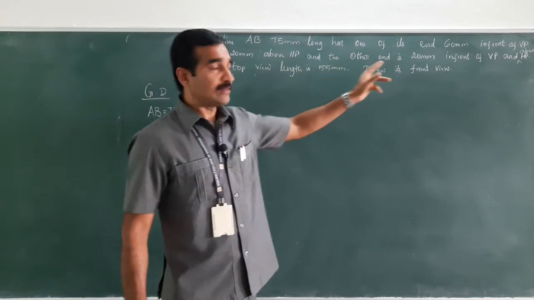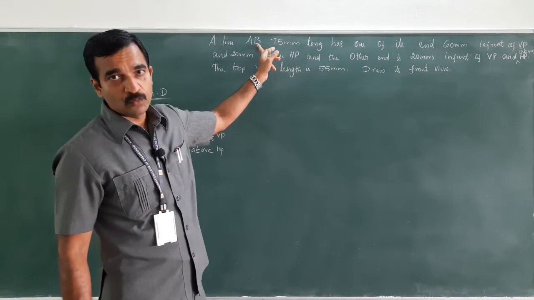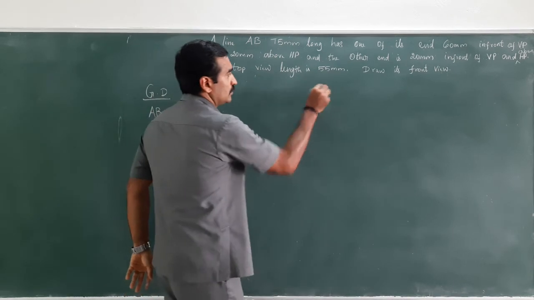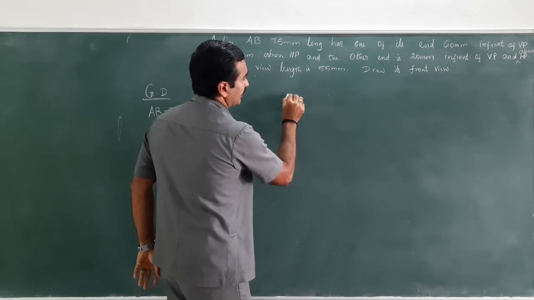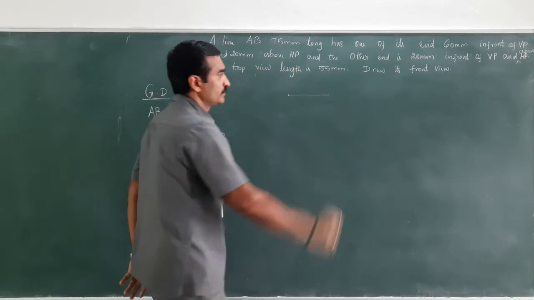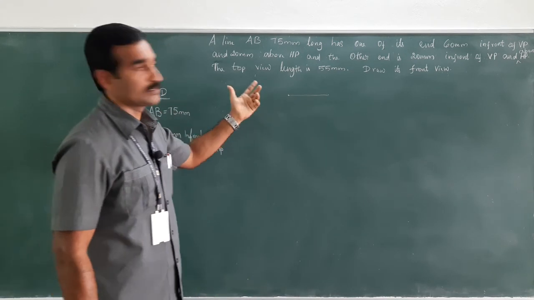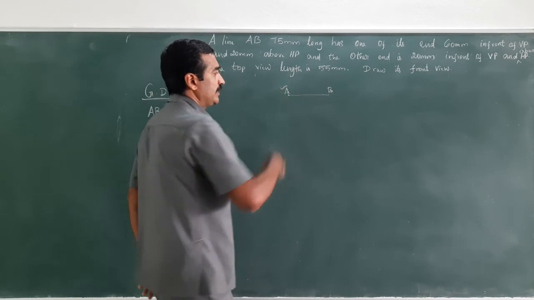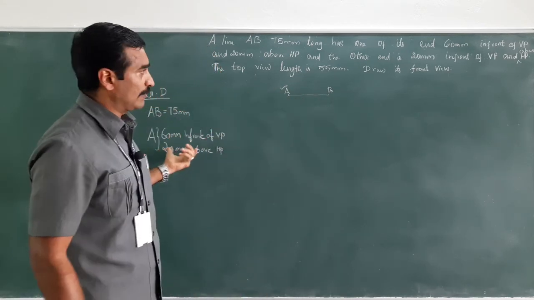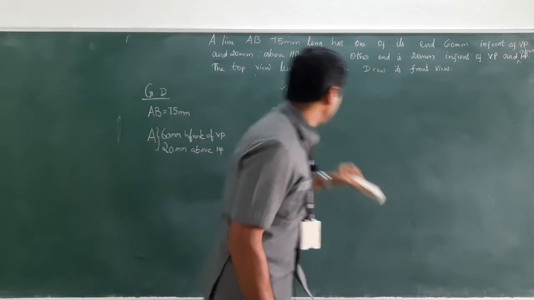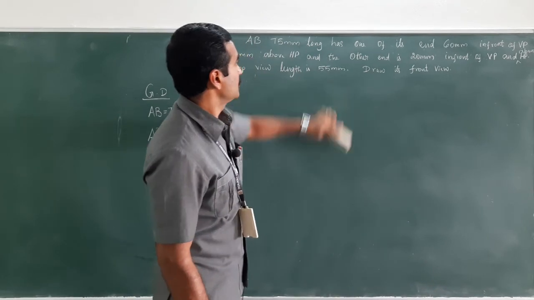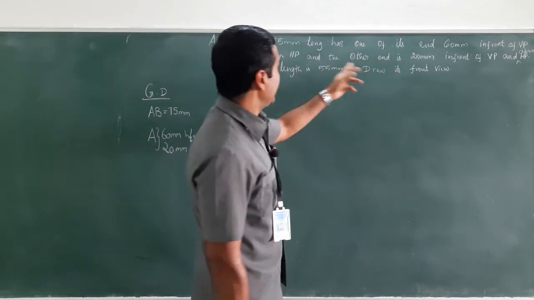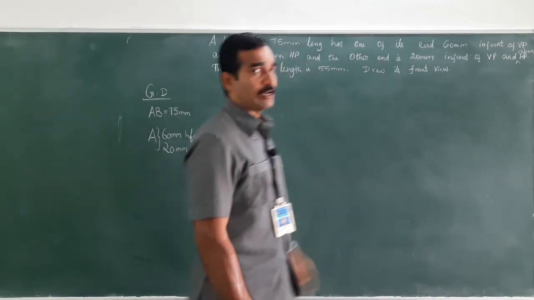And the other end is nothing but B. What do you mean by line? These are 2 points, and the shortest distance connecting 2 points is the line. So, if you term this as A and this as B, the locus of A I have captured here, and the other end is nothing but B. What does it say? The other end is 20 mm in front of VP.